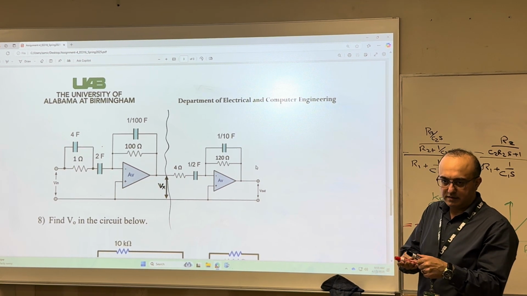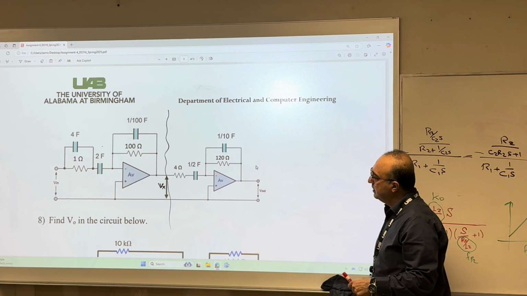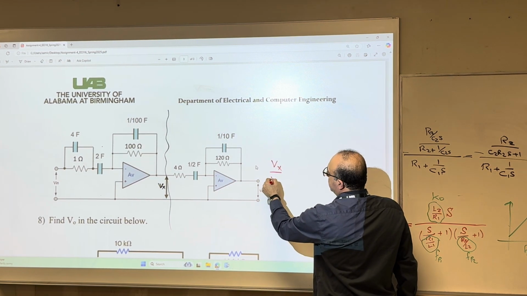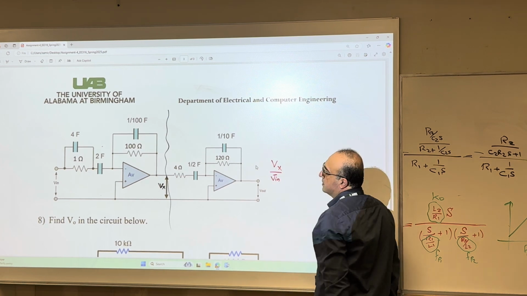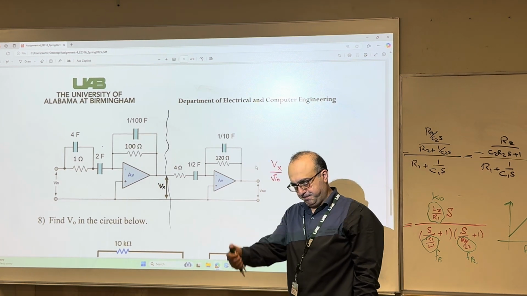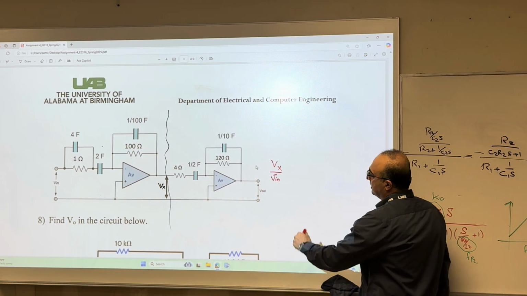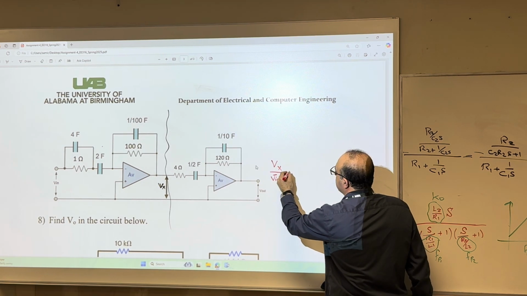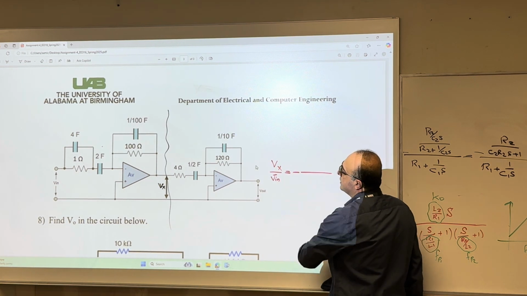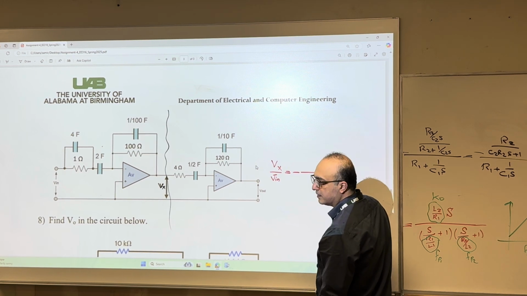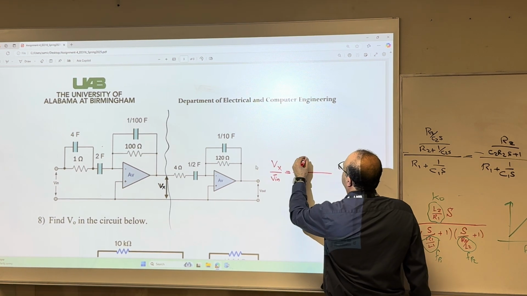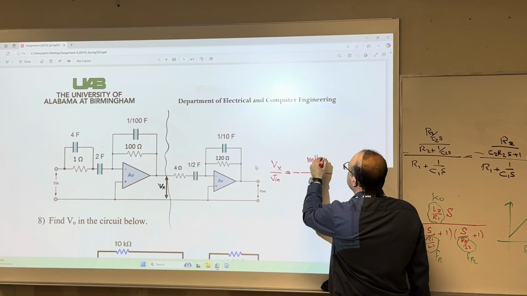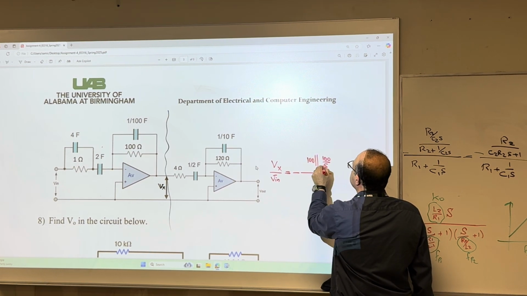This one felt the easiest. So Vx over Vin is how much? Jake? It is the inverting, okay? It's going to be negative. So it's the impedance of the amplifier feedback branch in the numerator, and then the impedance at the input. 100 in parallel with 100 over S, agree?